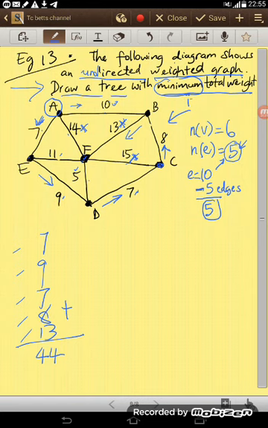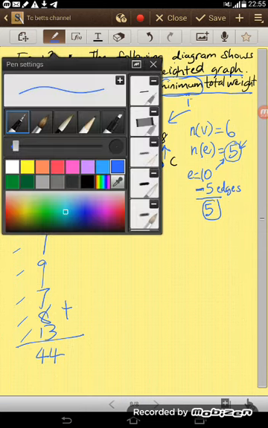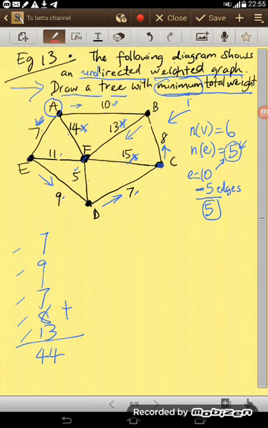Okay. Now we try another route. Let's say we use a red color here. Okay, we start again from A here. We move 7, and then now I try to choose 11.